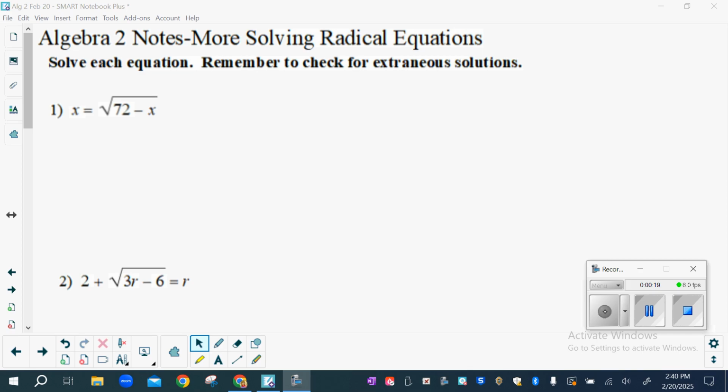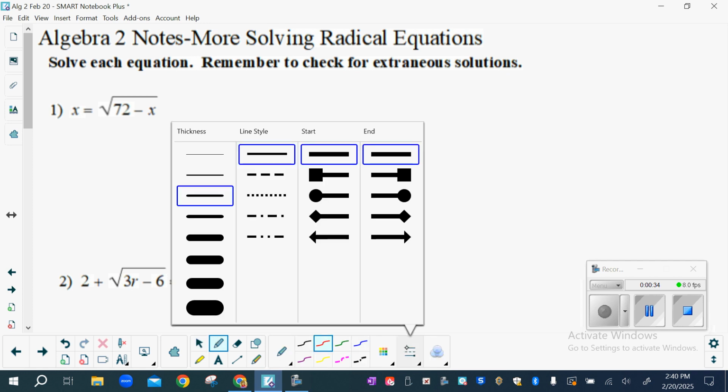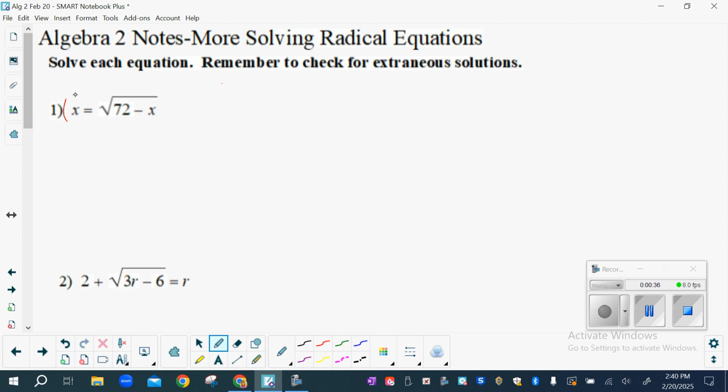What do we do first on number 1? Square both sides because we want to get rid of the radical. So we get x squared equals the square root of 72 minus x.